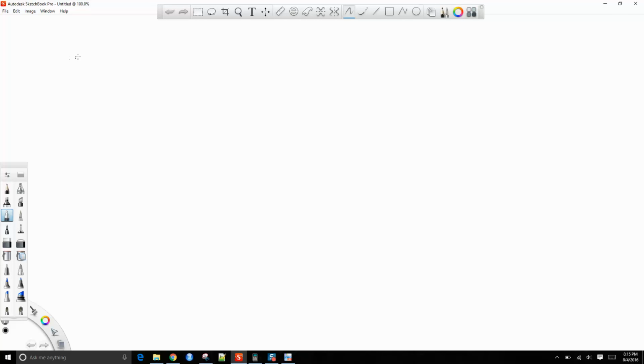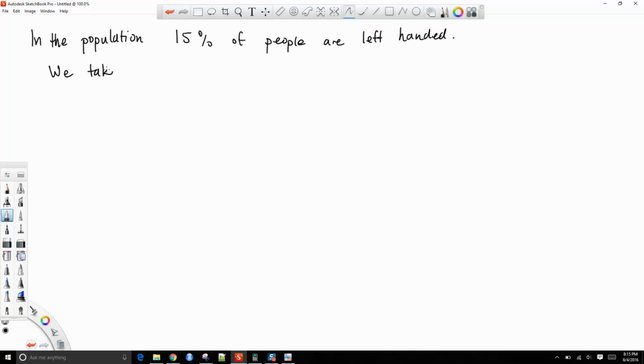So let's say in the population, we'll say 15% of people are left-handed. Let's say we take a random sample, we'll do 100 people.